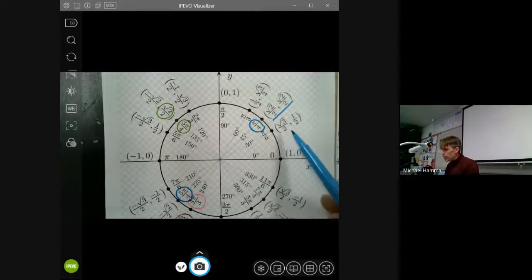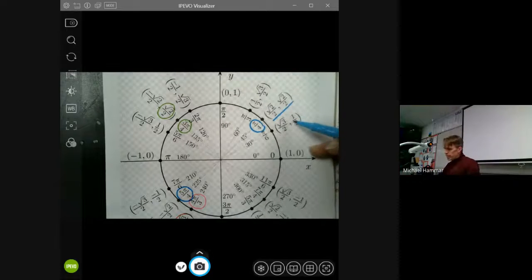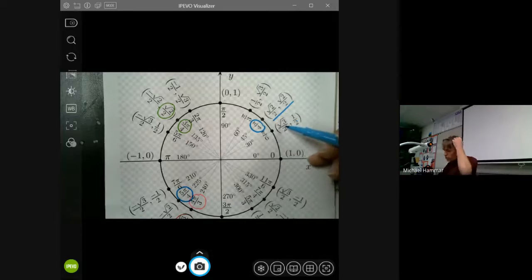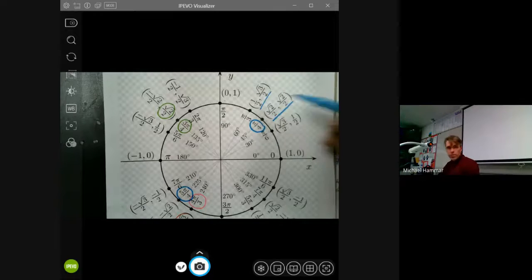It's going to be one of the other ones, because we're going to have to flip and multiply the fractions. I also know that tangent is y divided by x. So if I take 1/2 divided by the square root of 3 over 2, I'm flipping this one, so the square root of 3 is going to be in the bottom. So I'm going to try one of these.